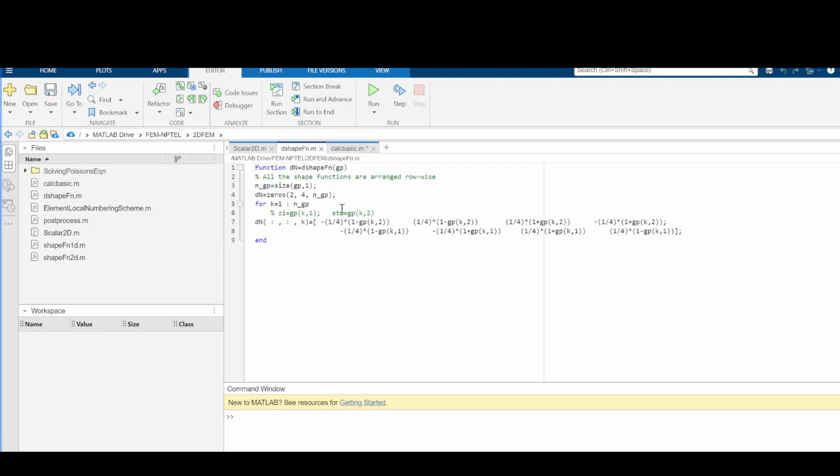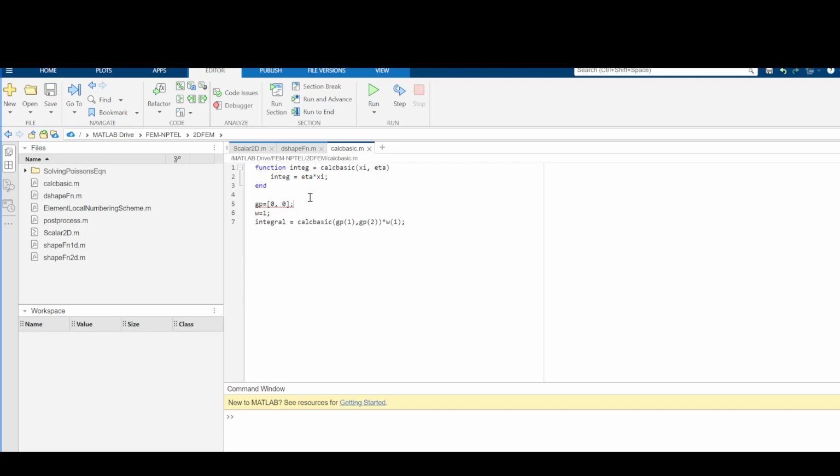So anyway, that's how we do it. I was going to do something else here. So we can define, okay, we can just directly define the B matrix.